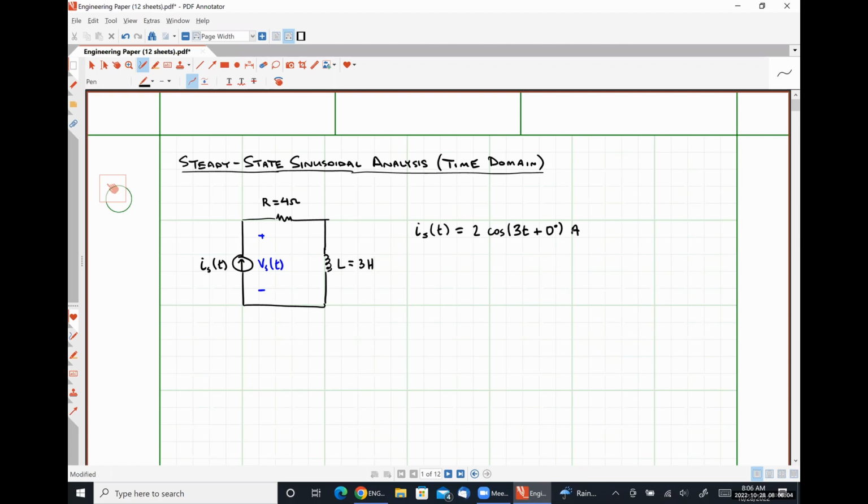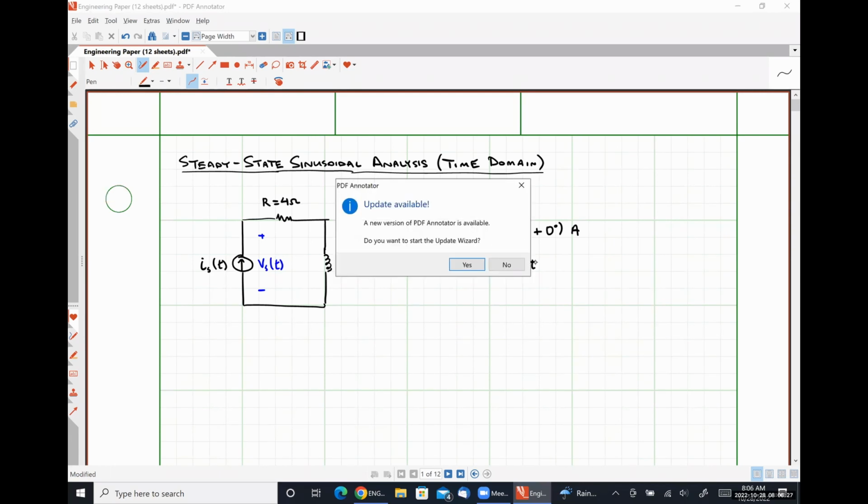So what my expectation here is that my source voltage, Vs of t, will be of the following form. Vm, so it will have some magnitude, cosine 3t. So if we excite our circuit at a particular angular frequency, it seems reasonable that everything will have that same angular frequency.